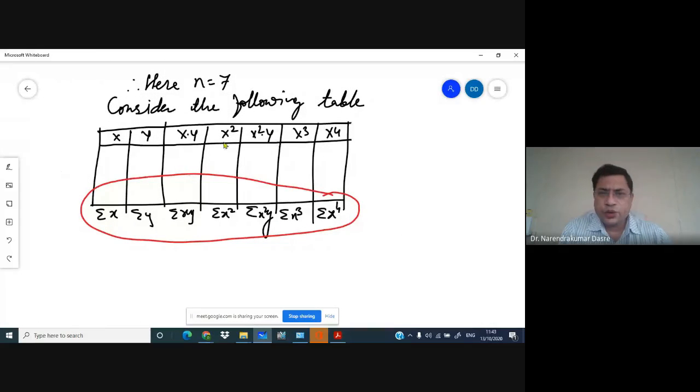Now I want you to find out this table. Please try to find out this table, then we'll match our answers, your calculations and my calculations. Yes, I'll show the question again.